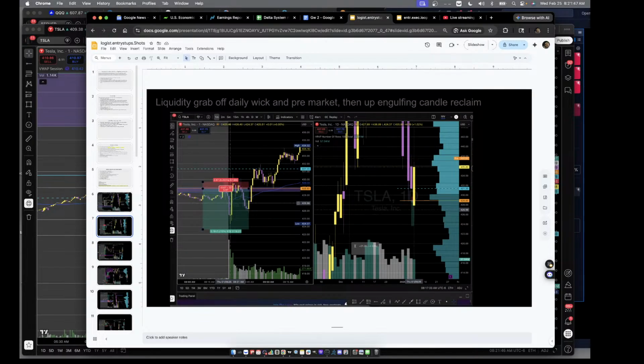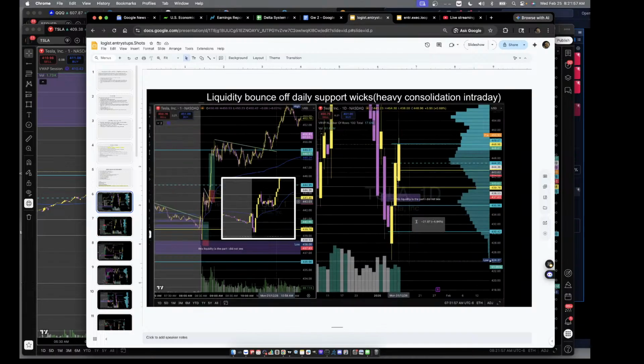Well, actually, that did reverse. Look at that. We got this first move, restructure, and then we're back. This one opened middle of the candle, touched some liquidity, and then up.